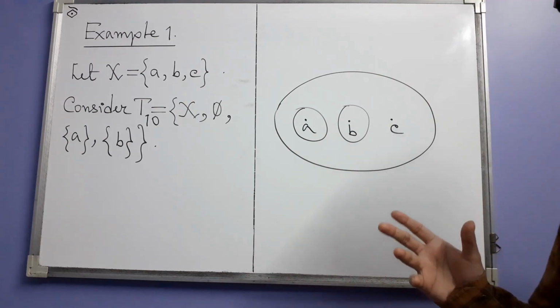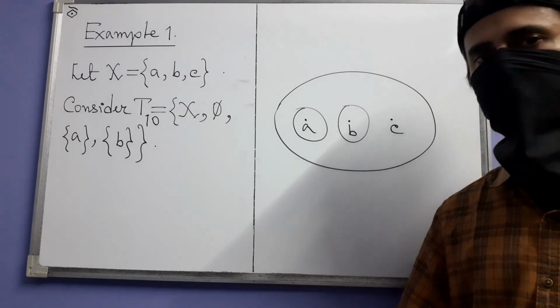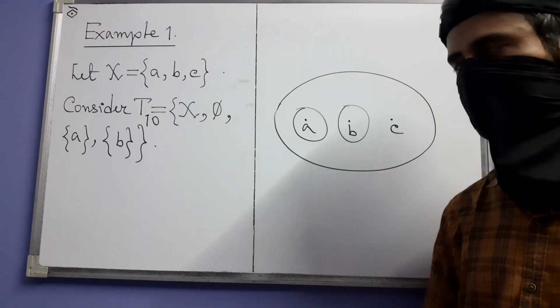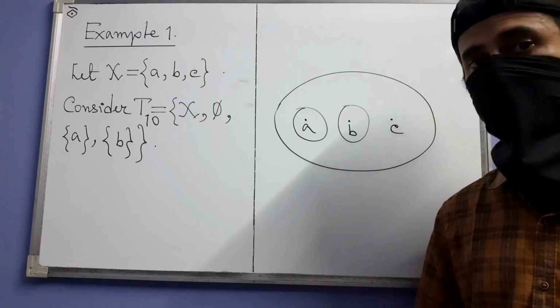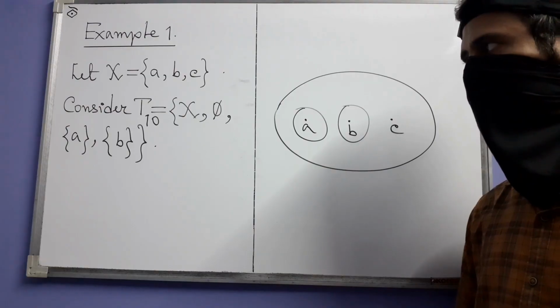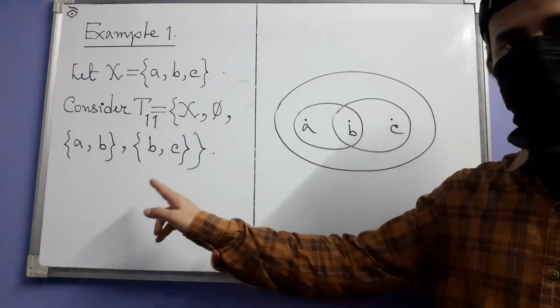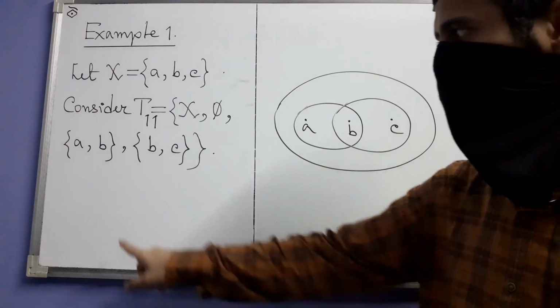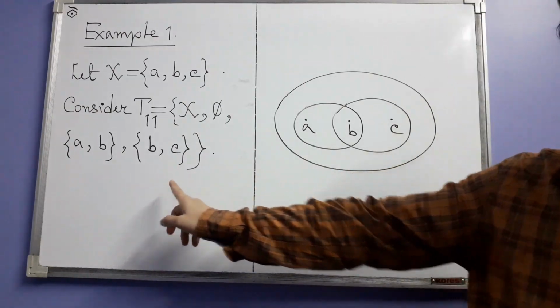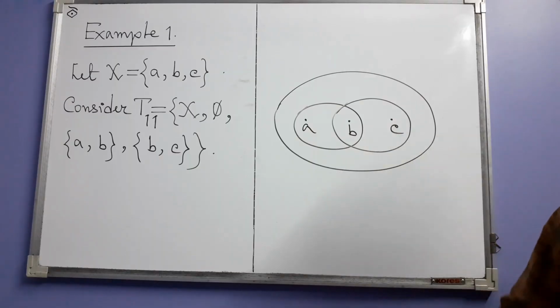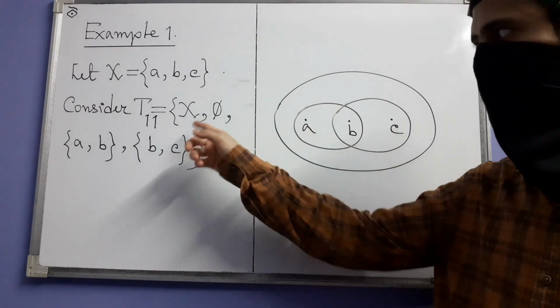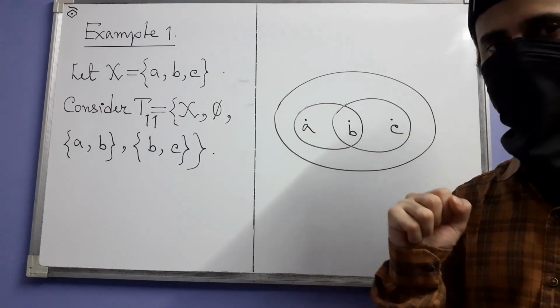It's not the case that every possible collection will be a topology on a set. So this is one such non-example. And then there is another one, T11. Besides these two sets, we have these two pair sets A comma B and B comma C. Now T10 failed to satisfy the second axiom.